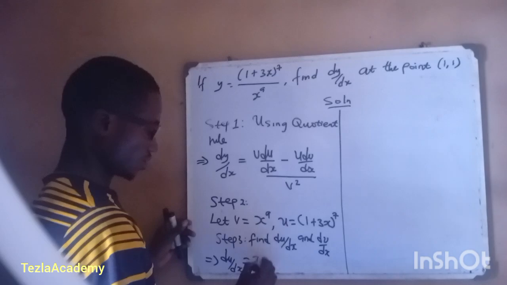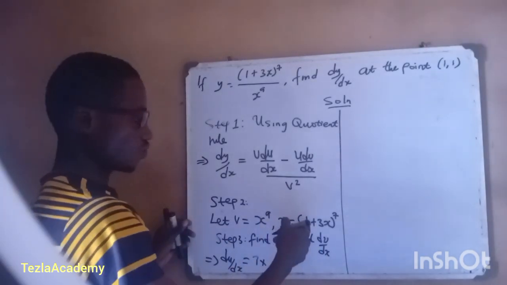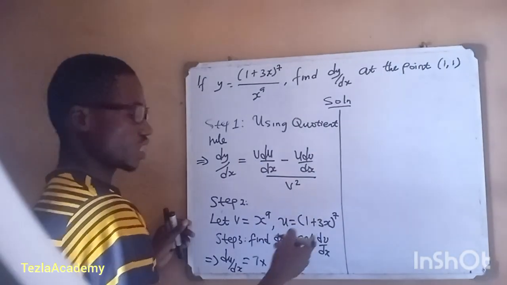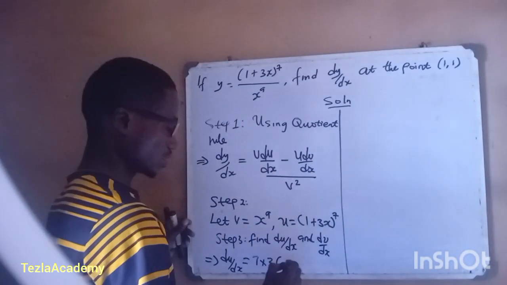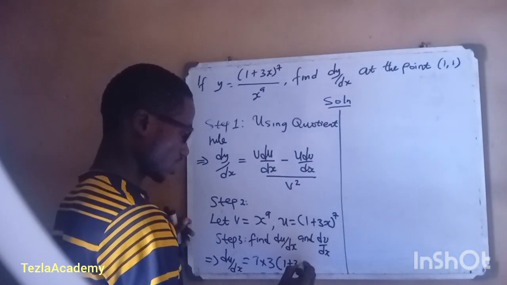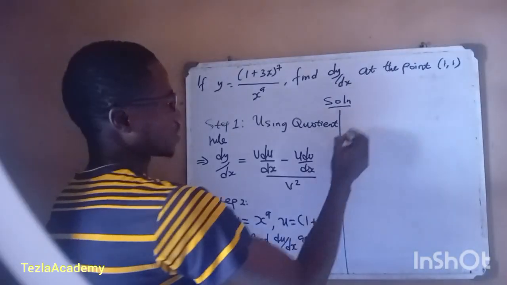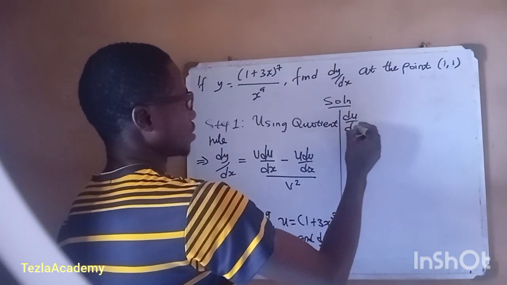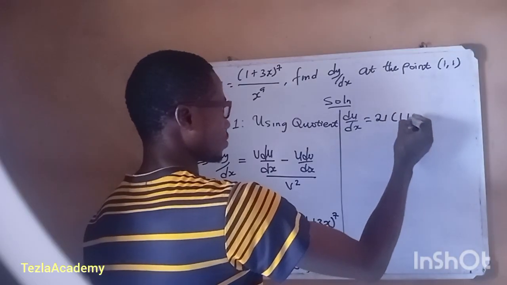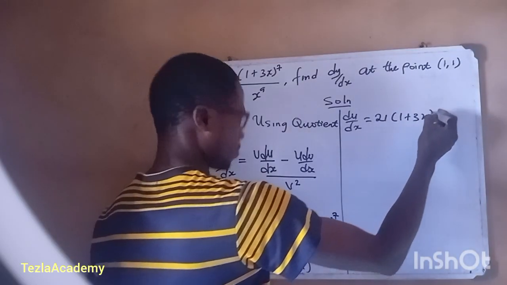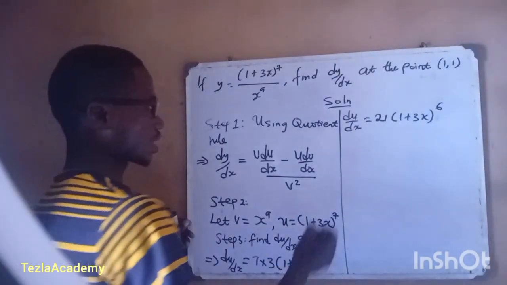Pick it, 7 times, differentiate what is inside here. Differentiating 1 is 0. If you differentiate 3x, you get 3. Then multiply by the whole thing, 1 plus 3x, removing 1 from 7, that's 6. So you get du/dx is equal to 21 (1 plus 3x) raised to the power 6.